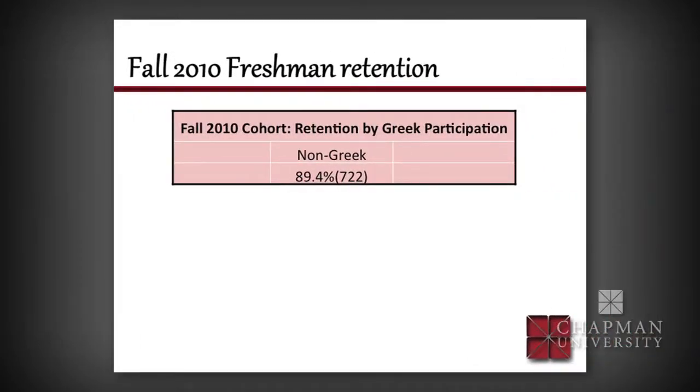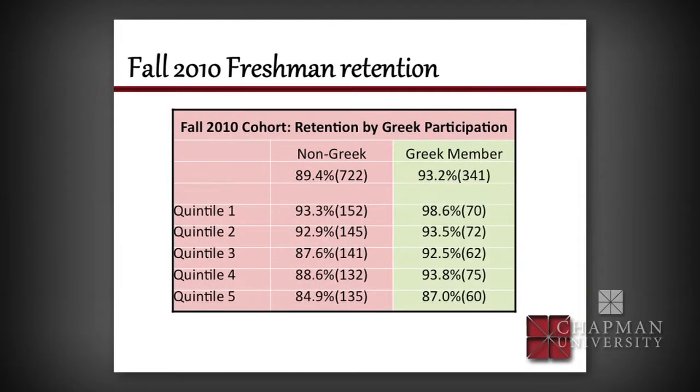Same is relatively true for students in our fraternities and sororities. Again, 89.4%. Again, that's a retention rate that most schools would kill for. But for our 341 students who joined fraternity and sorority, it was 93.2. And again, with a slight exception of the bottom quintile, it doesn't make any difference how prepared you are.